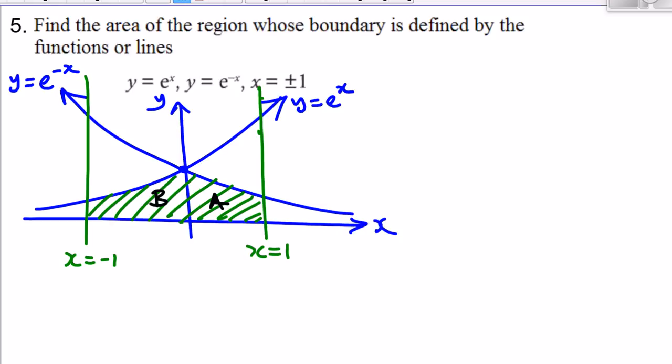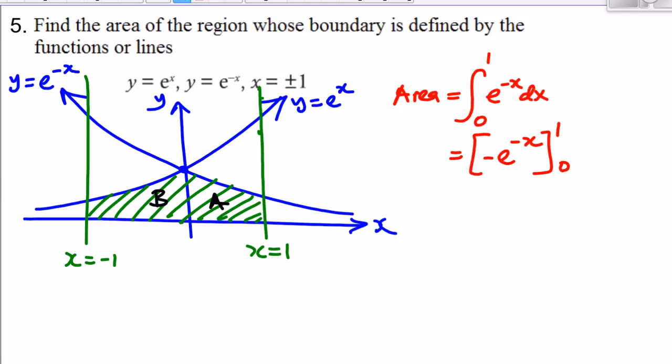So step one, just find the definite integral. So area will be the integral from 1 to 0 of e to the power negative x dx, which will be negative e to the power negative x from 1 to 0, which will be negative e to the power negative 1 minus negative e to the power 0.